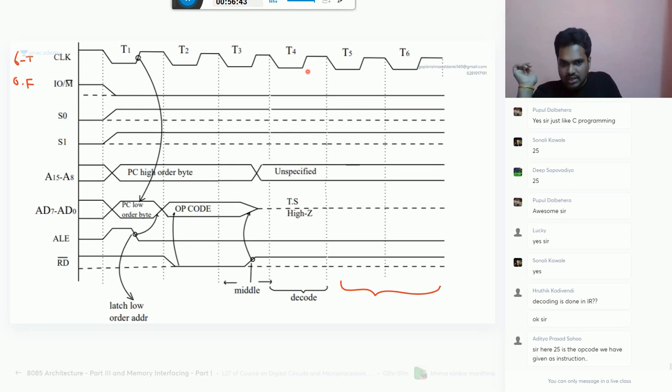While decoding in the fourth T state, the computer will understand whether two more T states are required for completing the job or not. I'm not talking anything about execute yet; we will discuss that with the instruction set. Everything will be crystal clear for you. Don't worry about it. Some instructions require 6T, some require 4T. Why 6 is required, we will discuss in the instruction set later.